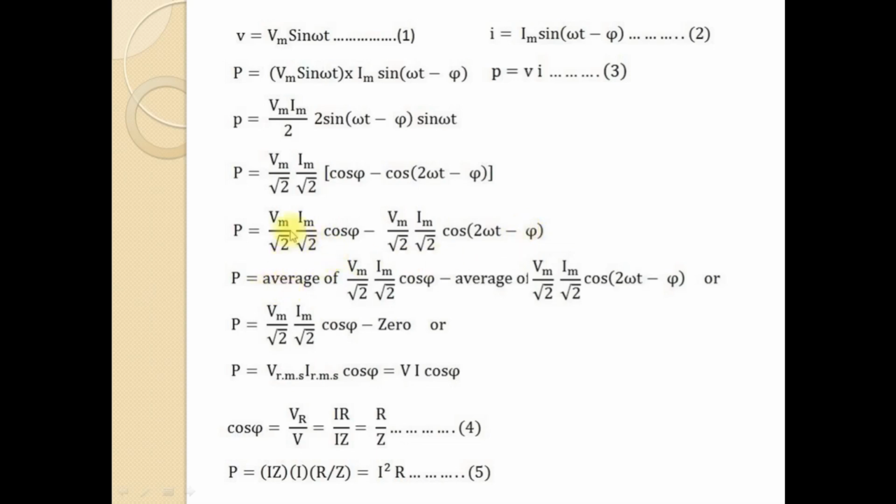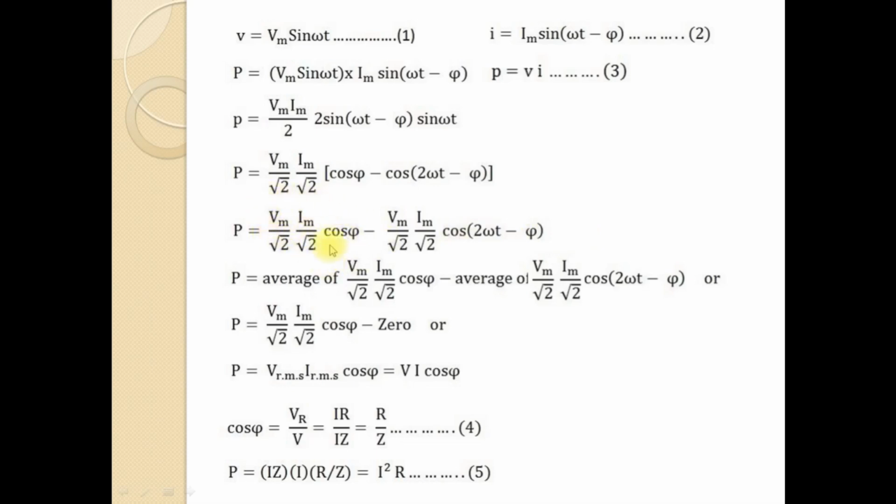Now if you find the average value of this whole expression over a complete cycle, that means if you integrate the whole expression from 0 to 2 pi and divide by 2 pi, that means 1 by 2 pi integral from 0 to 2 pi of this whole expression with respect to d omega t. Here you can see that with respect to d omega t, this is constant.